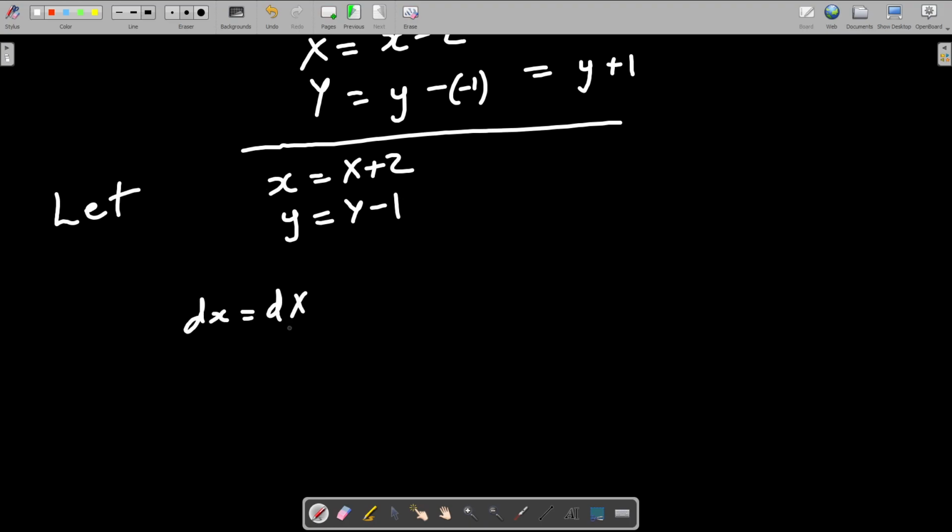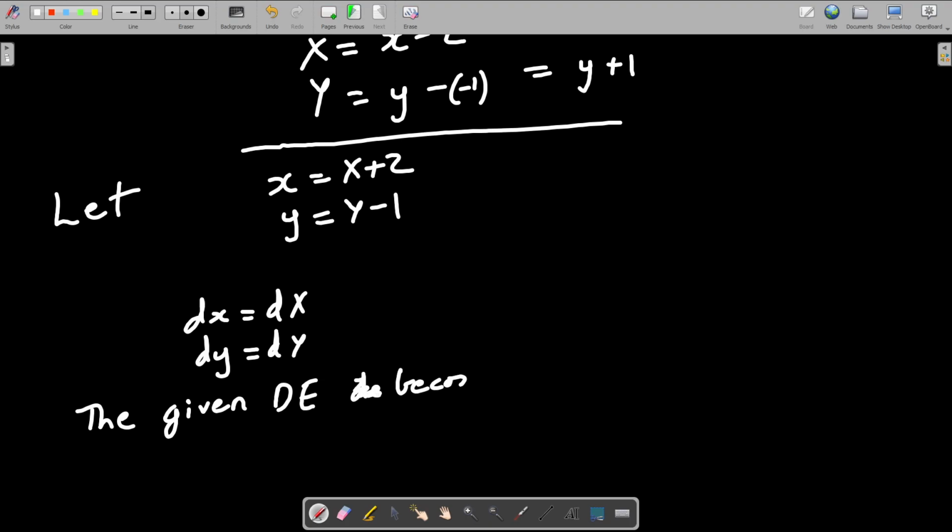Dx will become capital Dx, dy will become capital Dy. And then the given equation, don't do all the steps which are shown here in the last problem to explain. Directly we'll proceed. So given dy by dx becomes capital Dy, capital Dx.